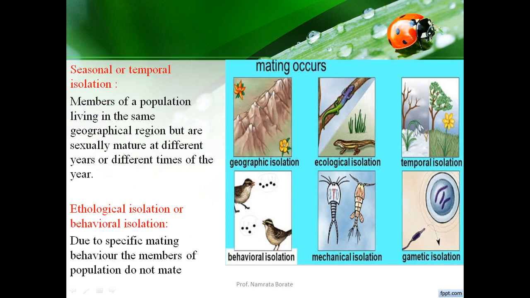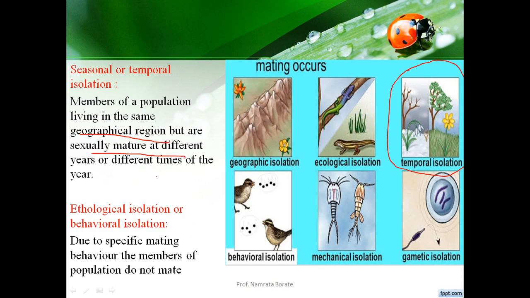The second form of isolation is temporal isolation, or seasonal isolation. So what is seasonal isolation? Members of the population live in the same geographical region, but their sexual maturity period is different.